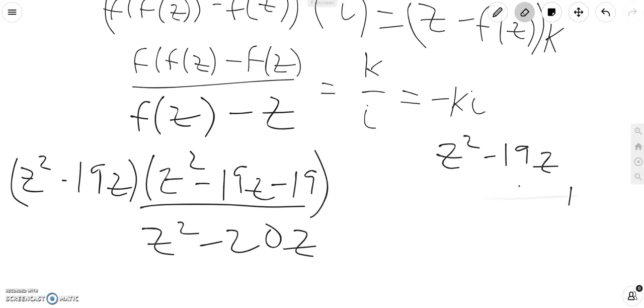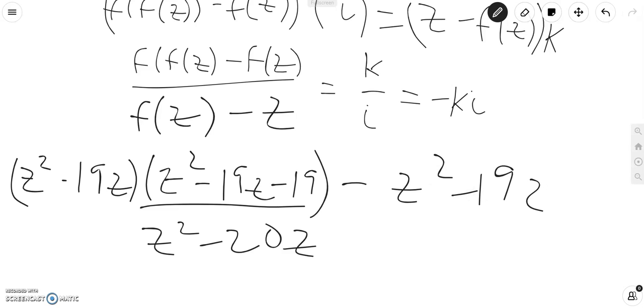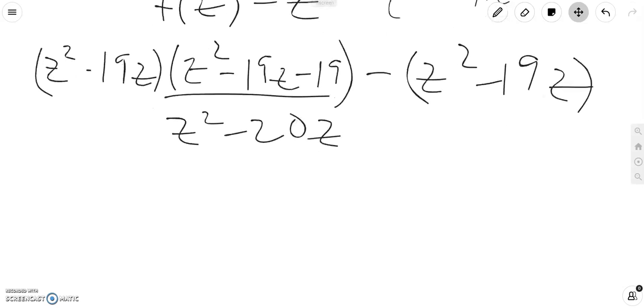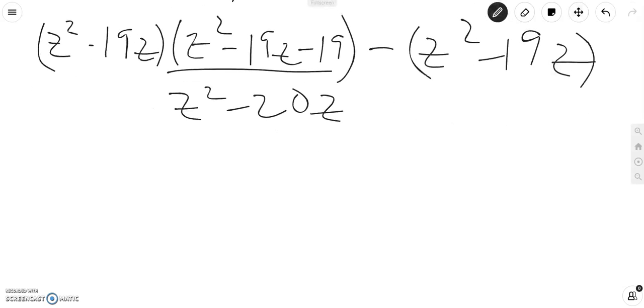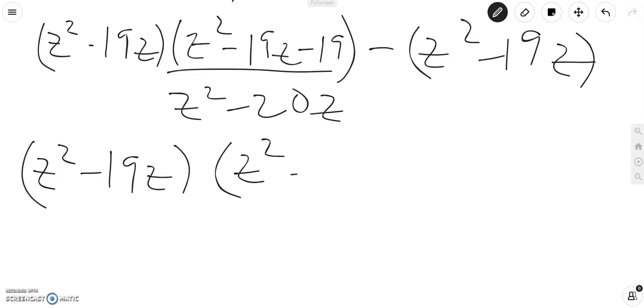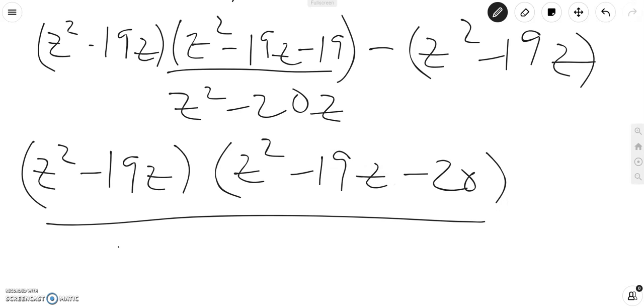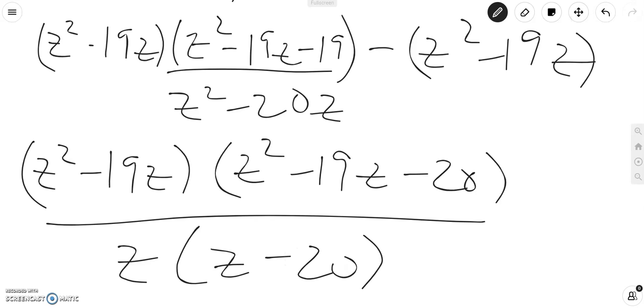Minus (z² − 19z). We can do some useful factorization on the top. We factor out z² − 19z, and this becomes (z² − 19z)(z² − 19z − 20) over, factoring the denominator, z times (z − 20).